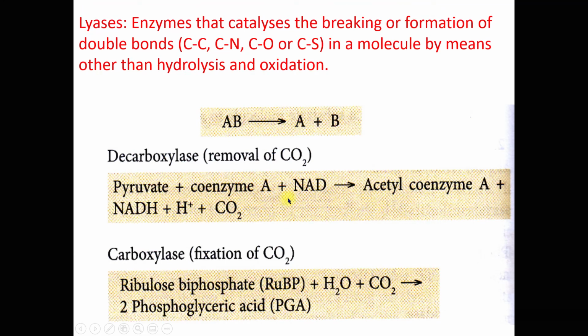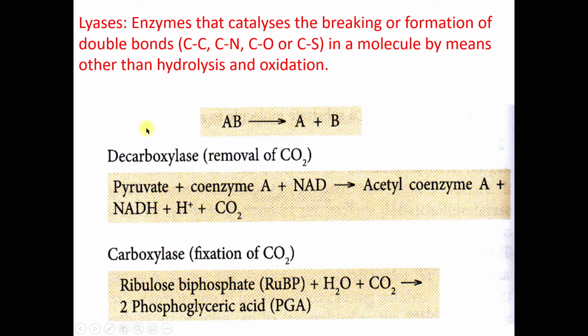And finally, we have lyase, meaning enzymes that catalyze the breaking or formation of double bonds in a molecule by means other than hydrolysis and oxidation. So now, examples of enzymes that are grouped in the lyase are decarboxylase and carboxylase.